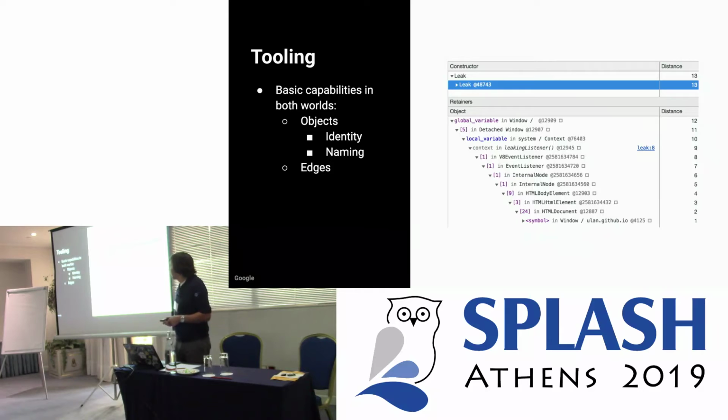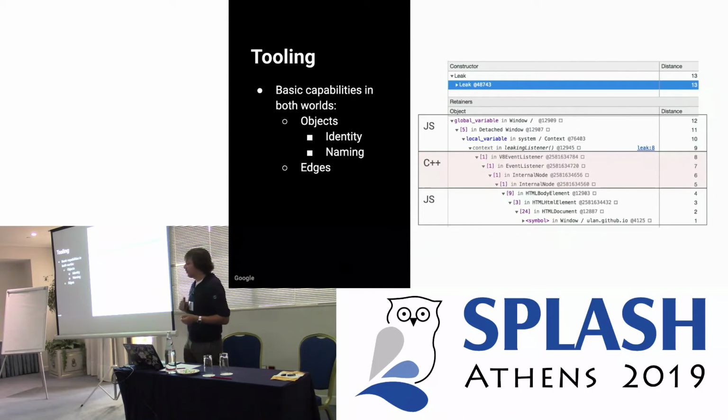And once we found that class, we want to see where it's retained. And we see that it's retained somewhere on the window object. What we don't see here is that we are actually crossing the component boundary multiple times. So some of these objects exist in JavaScript and some in C++. Because there are many C++ objects, a few thousand actually, we don't give all of them a distinct name.